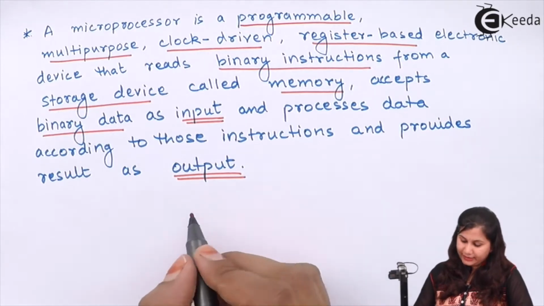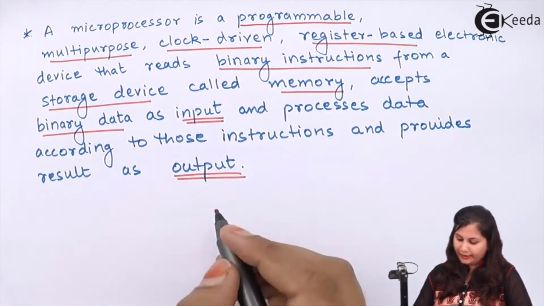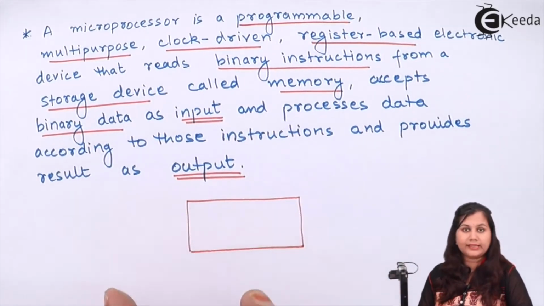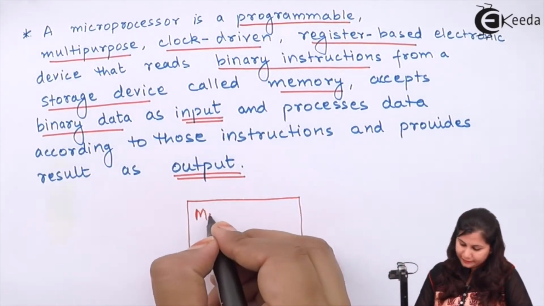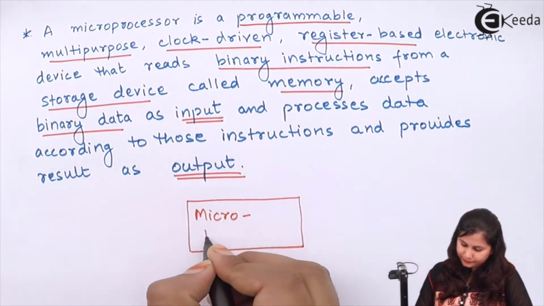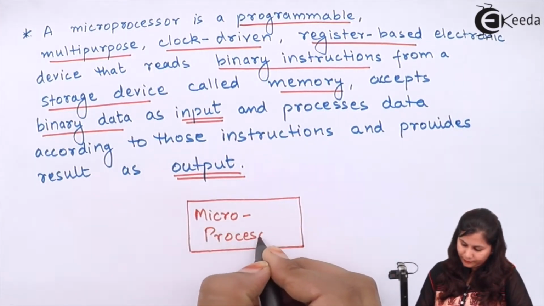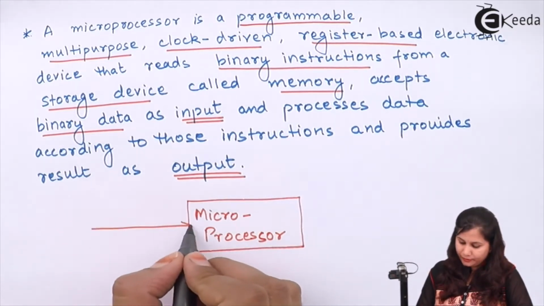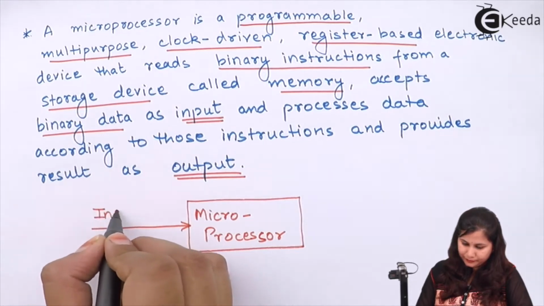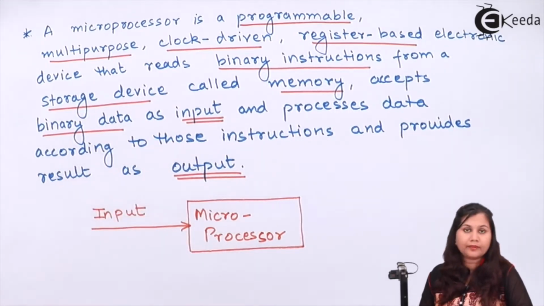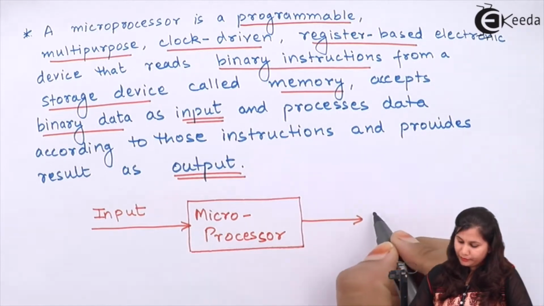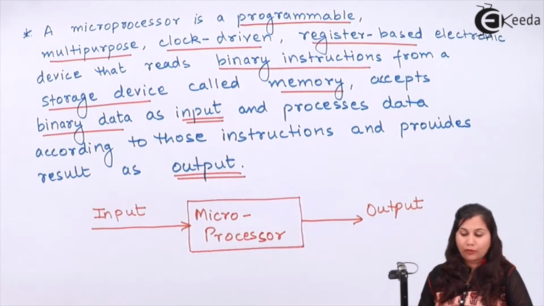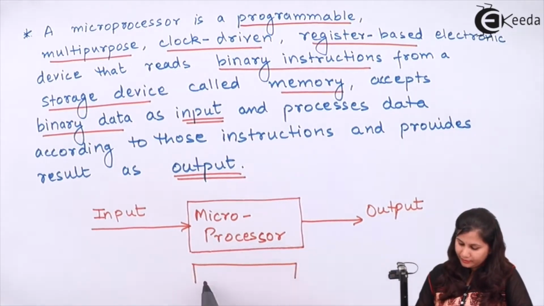So if we want to draw a block diagram, then this is the microprocessor. It is the electronic device, and this device has an input and it has an output, and also it has a memory.